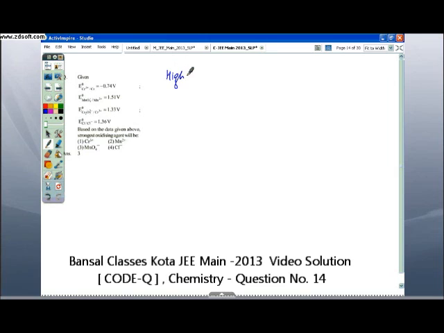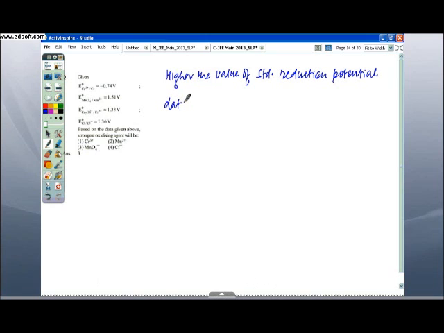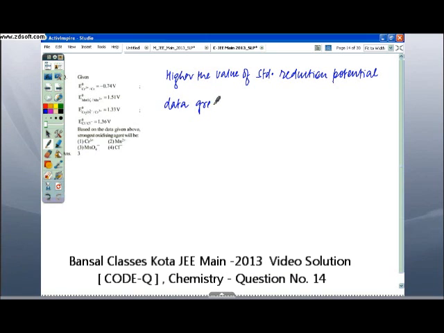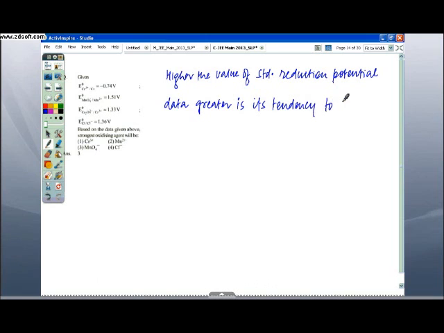So, higher the value of standard reduction potential data, greater is its tendency to get reduced.